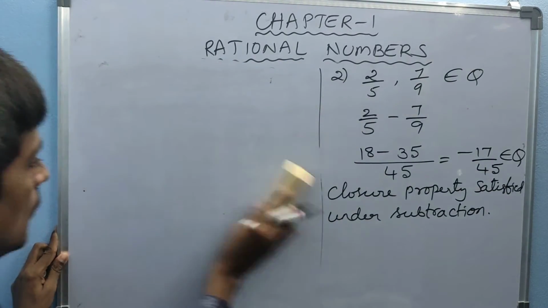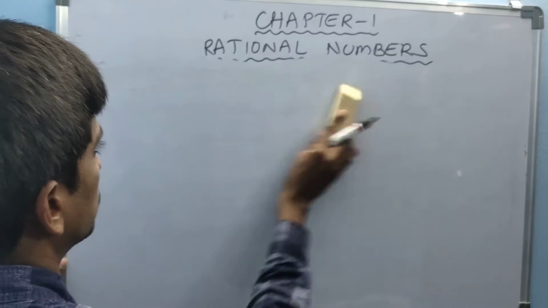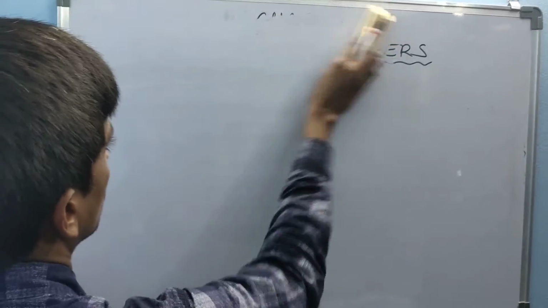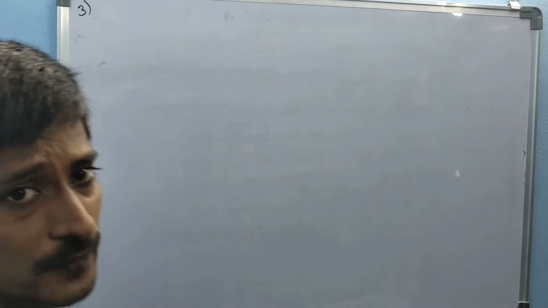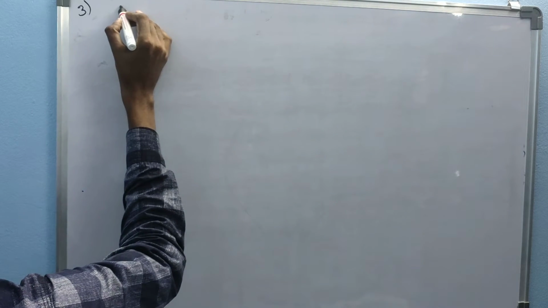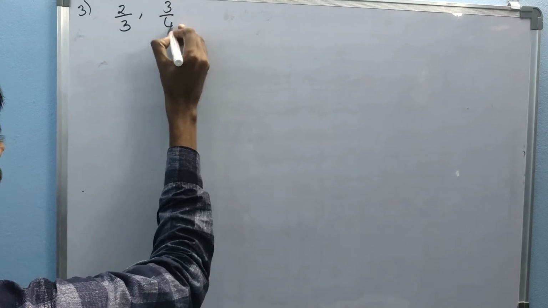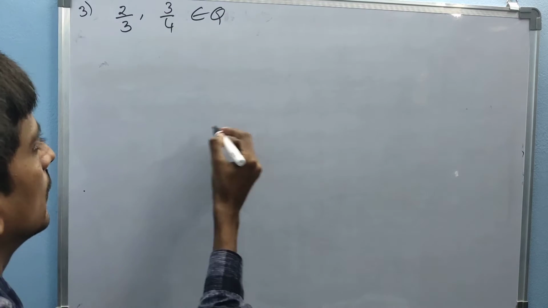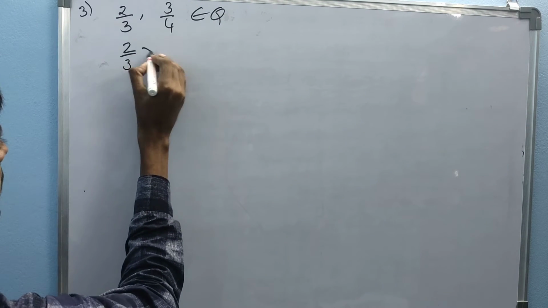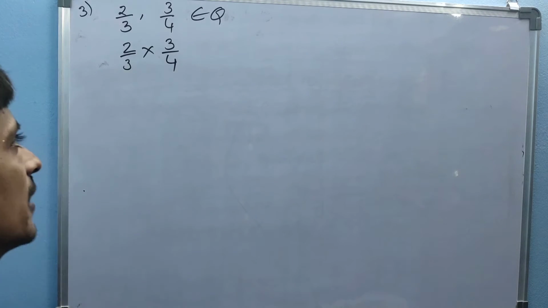Now, what about multiplication and division? First of all, we check multiplication. Example 3. Take any two numbers, 2 by 3 and 3 by 4, which are two rational numbers. Multiply 2 by 3 into 3 by 4.